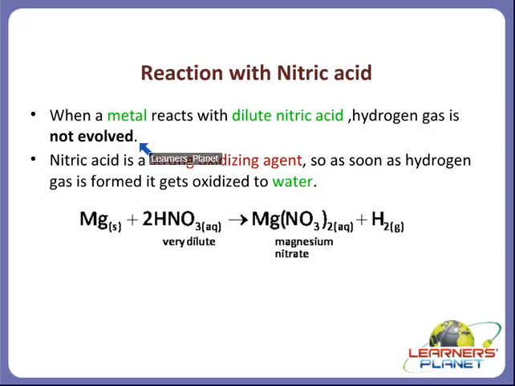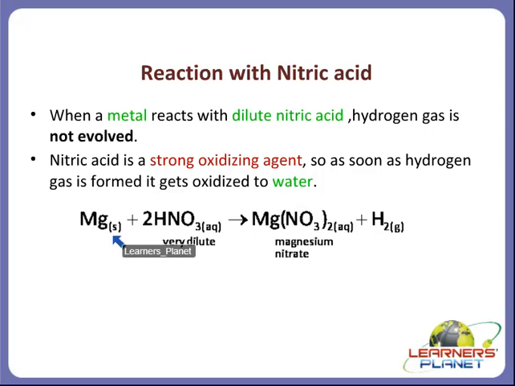But in this case of nitric acid, children, nitric acid is a strong oxidizing agent. What do you mean by an oxidizing agent? It oxidizes; it gives out oxygen. So as soon as hydrogen gas is formed, it gets oxidized to water.